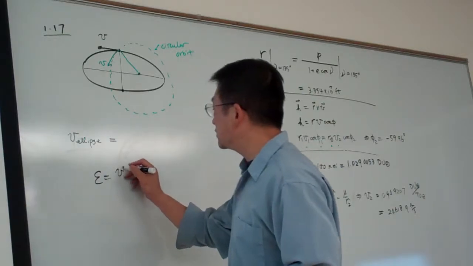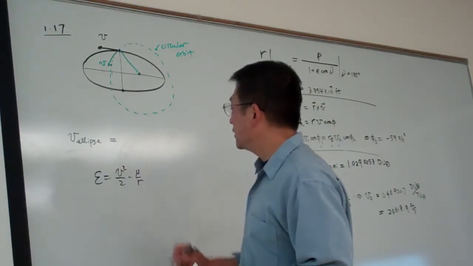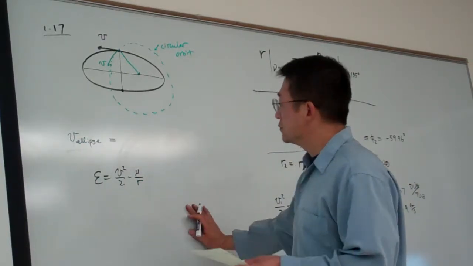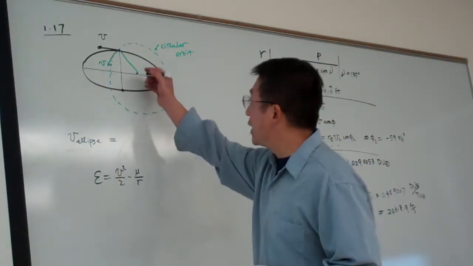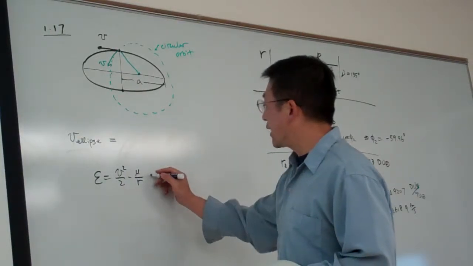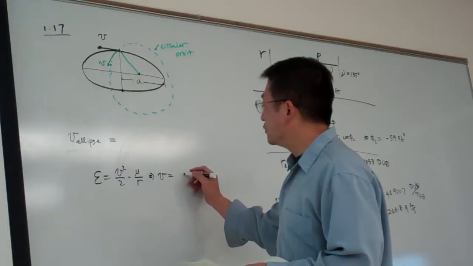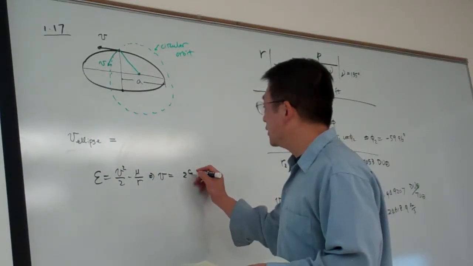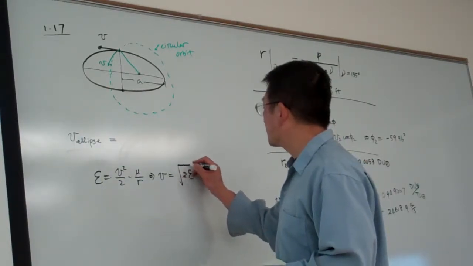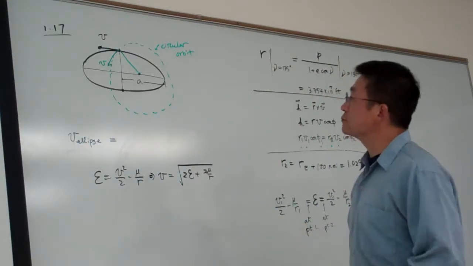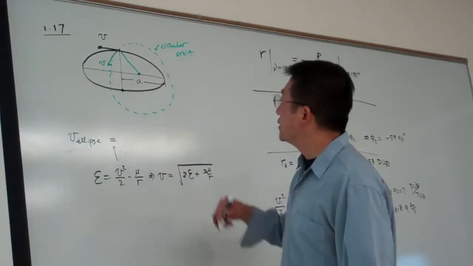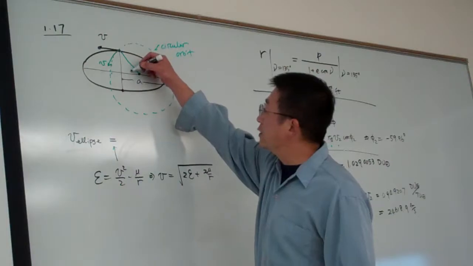E equal to V squared over 2 minus mu over R, and assuming, just arbitrarily, let me say this is the A. So that means V equal to the square root of 2E plus 2 mu over R. Okay. So using these equations, and here from the ellipse, we know this is C.